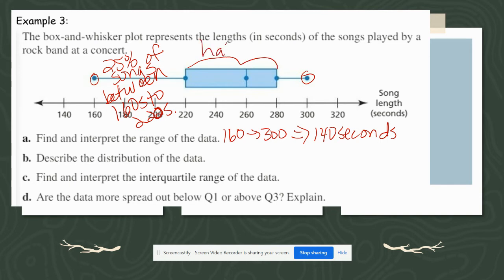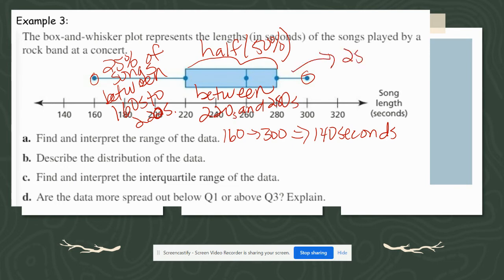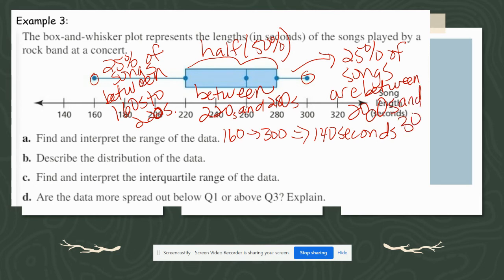Half, or 50%, of the songs that they're playing at this concert are between 220 and 280 seconds long, and 25% of songs are between 280 seconds and 300 seconds long. So that's part B.